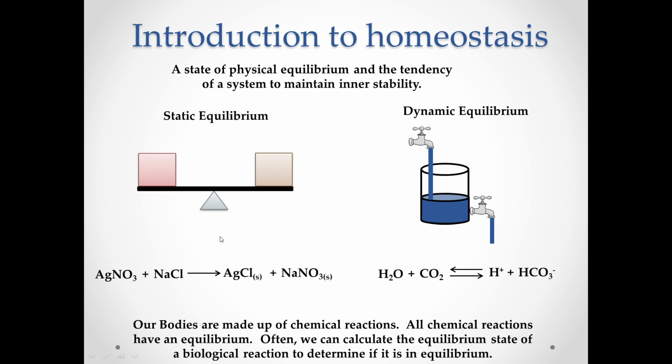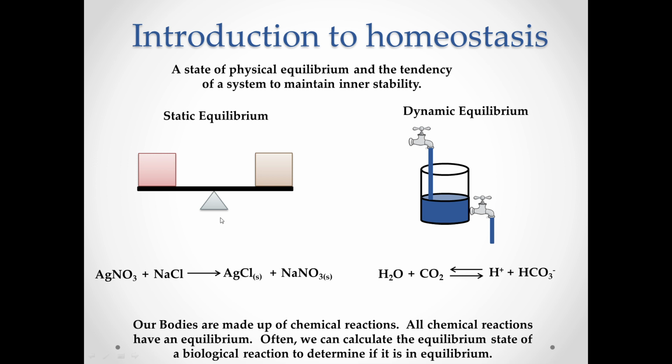Now, these static equilibriums exist in chemical equations. And so this is an example of a chemical equation. The chemical equation is balanced such that the amount of reactants or chemicals on the left side of the equation are equal to the amount of products on the right side of the equation.